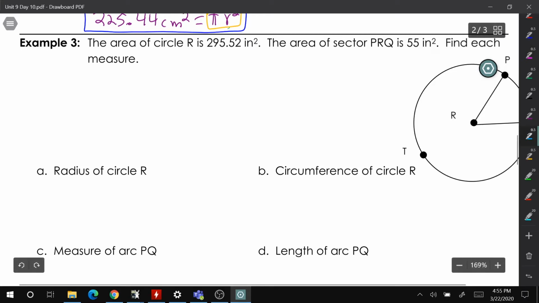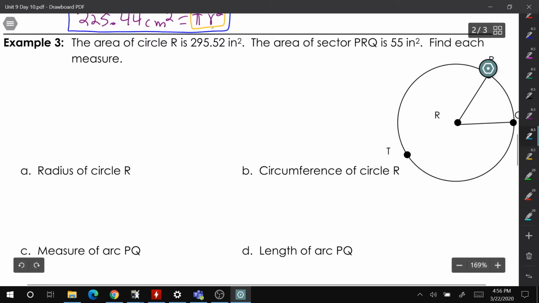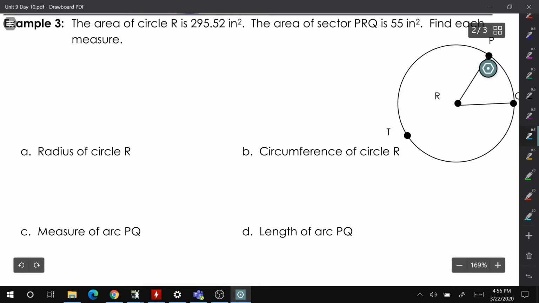It says the area of a circle is 295.52 square inches, so that's the area of this whole circle, and that the area of the sector is 55 square inches. The first thing they're asking us to find is the radius. I think the easiest way to find the radius, if we're given the area, is to use the formula area equals pi r squared.